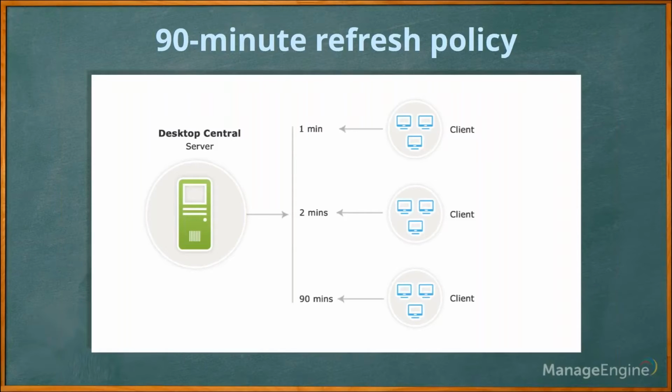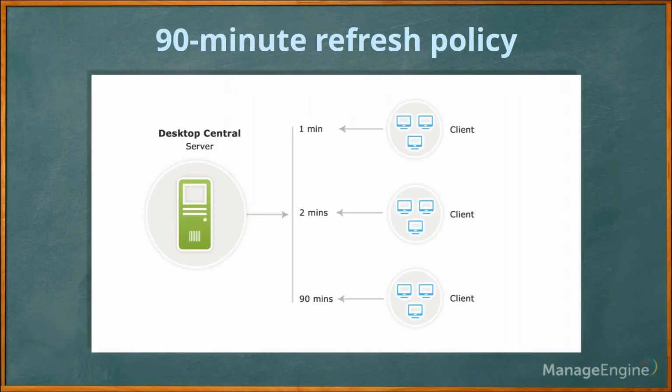This 90 minutes refresh policy ensures that all computers in the network contact the server periodically. There are two important factors ensured by having a 90 minutes refresh policy. Number one, your network is not choked by the agent communication, meaning the bandwidth is not disturbed by agent server communication.